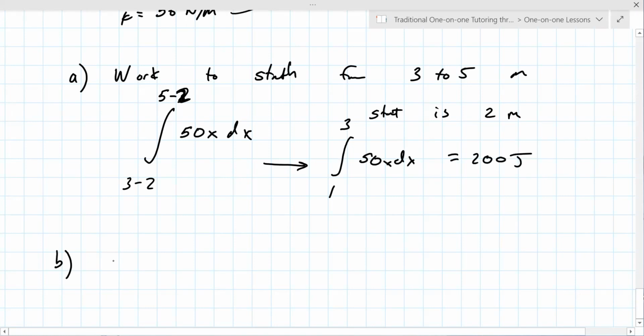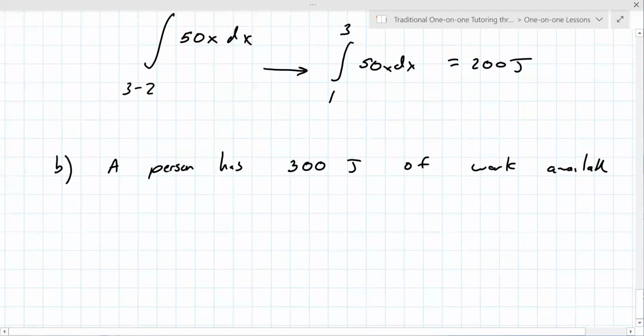Okay, so let's say a person has 300 joules of work available. How far can they stretch the spring?